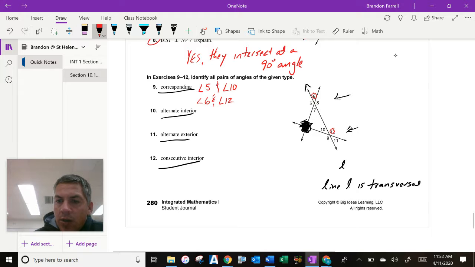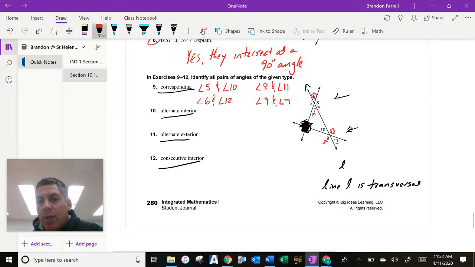We can also pair angle 8 and angle 11, and then finally 9 and 7. So those are the descriptions of those corresponding angles.